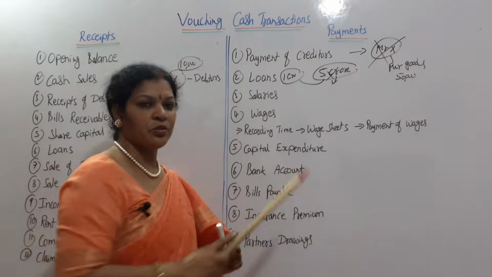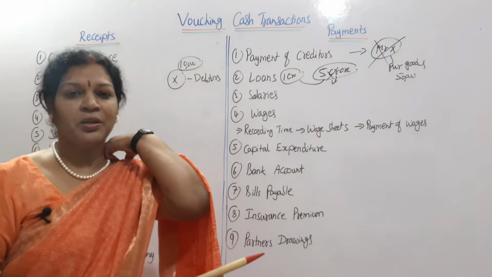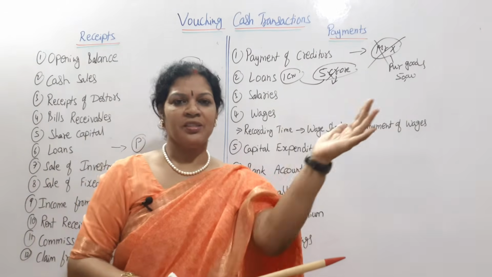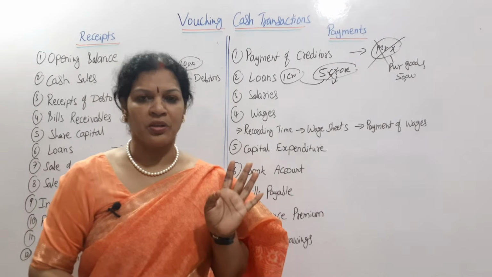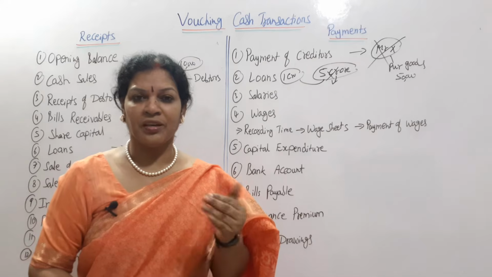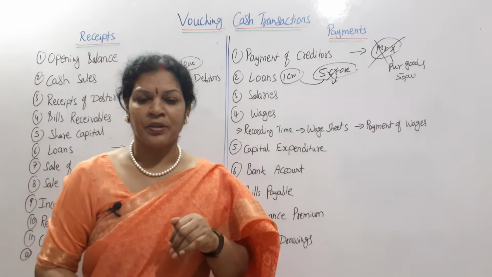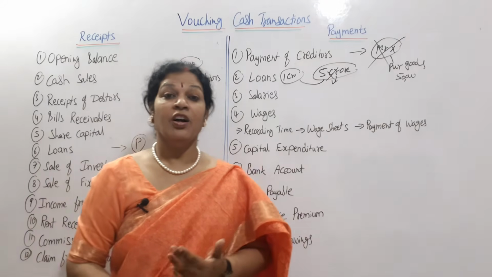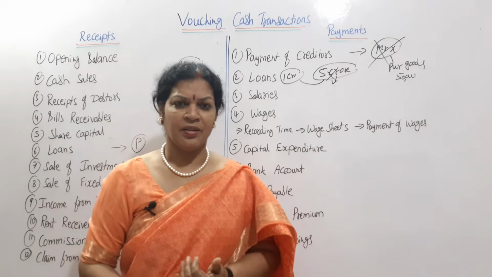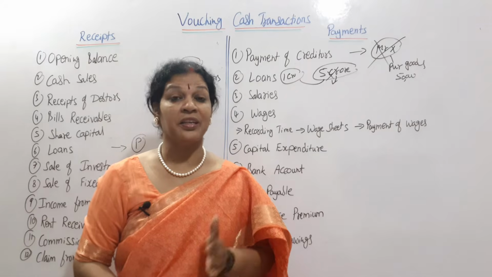In the same way, salaries also. To check the salaries, the total amount is written here. Suppose 2 crore is the salary. How do you check this transaction? First of all, the auditor has to take out the list of employees. How many employees are there? How much salary are they getting monthly?